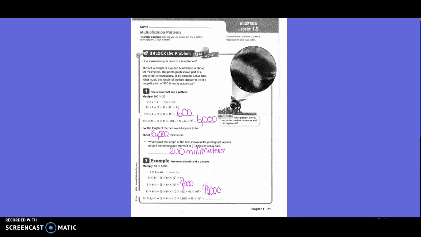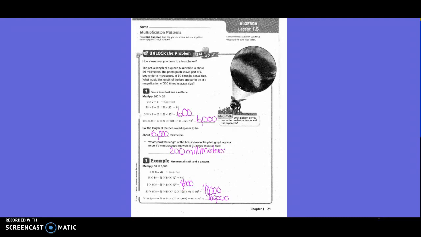Once again, 5 times 8 is 40. And then they took 10 times 1,000, and that got them what power of 10? 10 to the fourth power, which is how many zeros? 4. So then what's our answer?